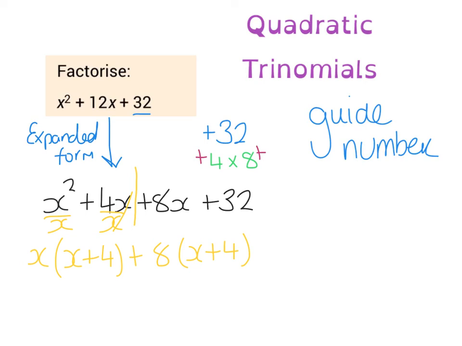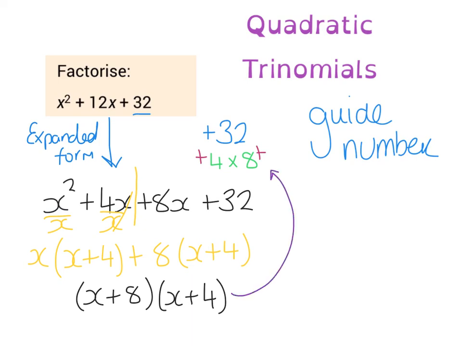And I'm finished when I regroup them. I have x plus 8 and x plus 4. And I know I'm right because both of these factors are the factors I had up here.